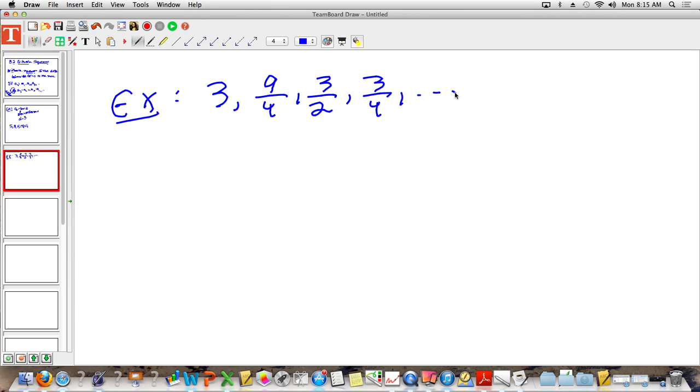So if that's the case, how do you find the difference? Remember what I said a minute ago, all you have to do is pick any one term and subtract from it the term right in front of it.